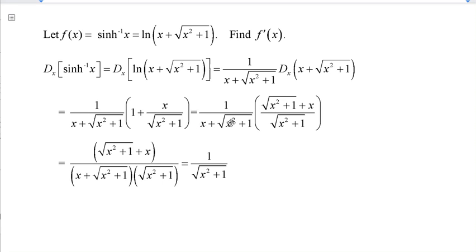But this is x plus the square root of x squared plus 1, and this is also x plus the square root of x squared plus 1. So this will cancel out. And so what's left is just 1 over the square root of x squared plus 1. And so the derivative of the inverse hyperbolic sine is 1 over the square root of x squared plus 1.